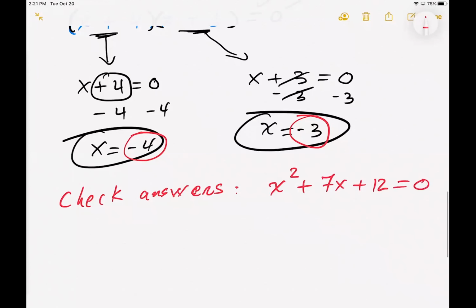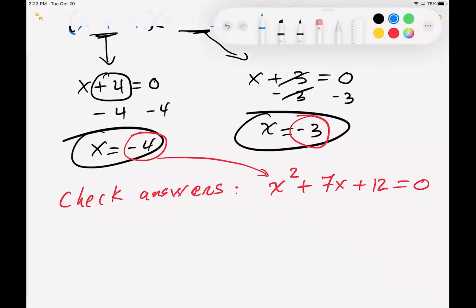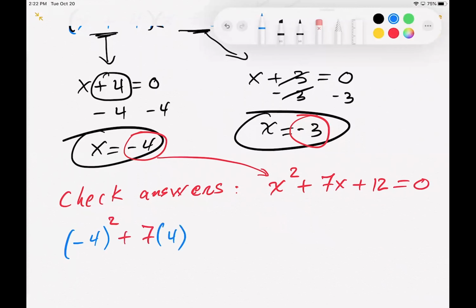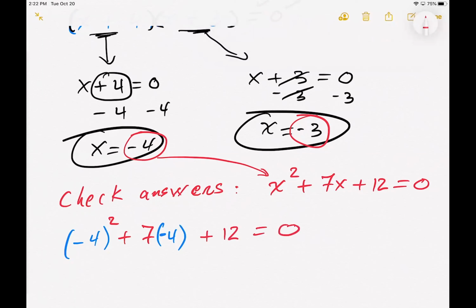This is what they tell you: wherever we see an x, you plug in -4. So do you agree that we have -4? All right, let me color code it. Everything else stays the same. My problem is x squared plus 7x plus 12 equal to 0.